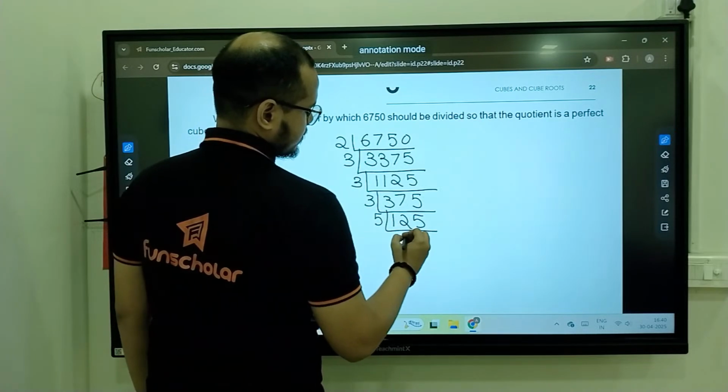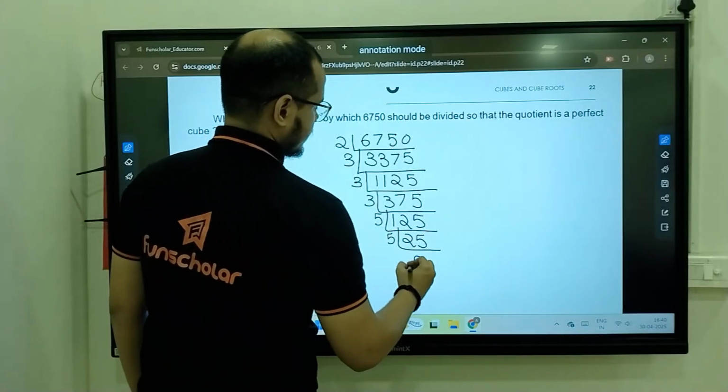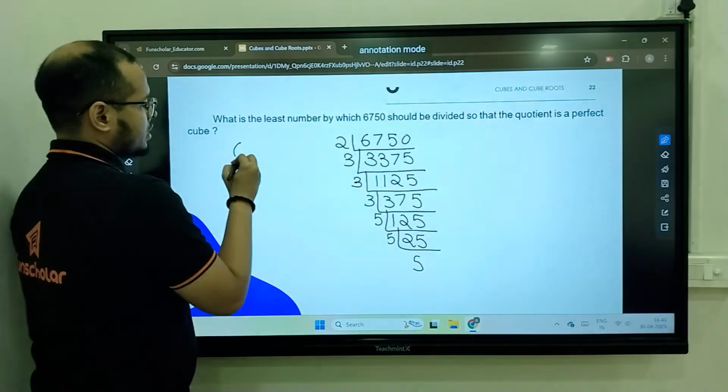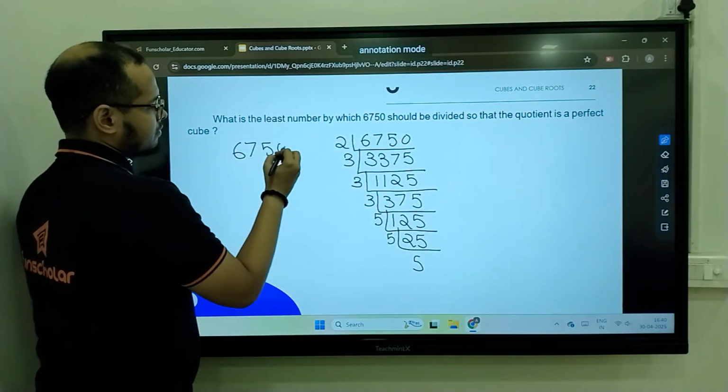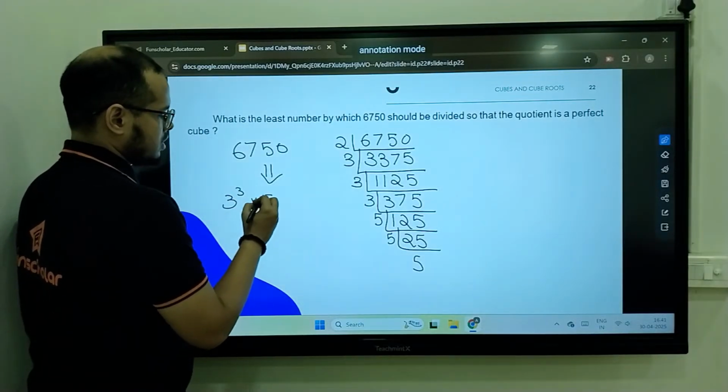Then with 5: 25, 5, 5. So after doing it using the prime factorization method, we are getting 3 cube into 5 cube into 2.